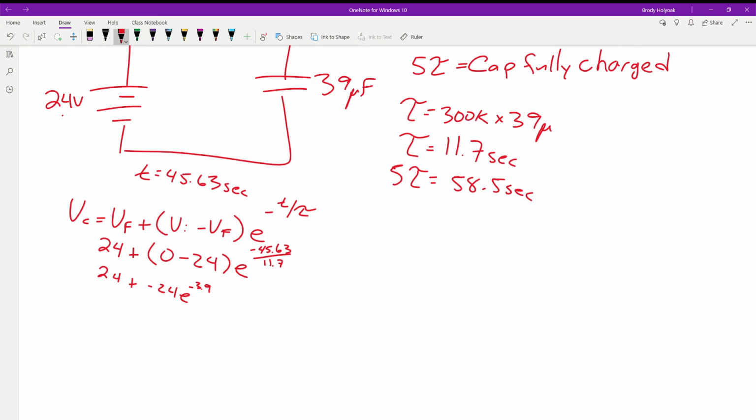We multiply that by a negative 24. We take 24 plus this answer. And the voltage of our capacitor is 23.514 volts.